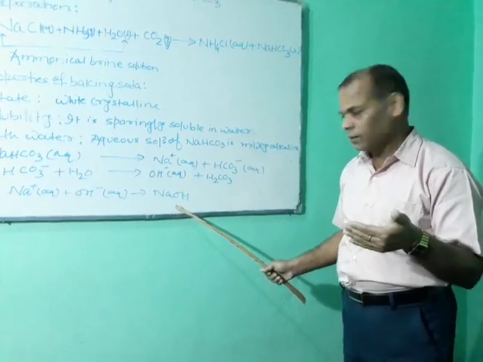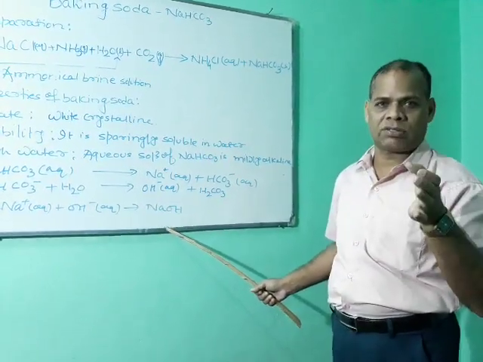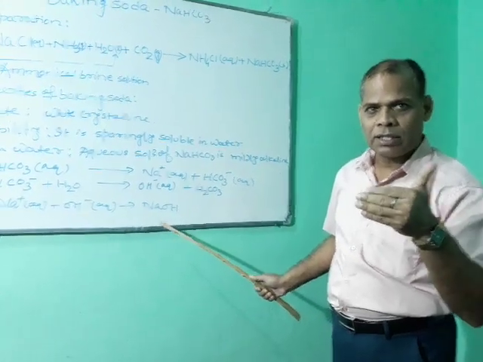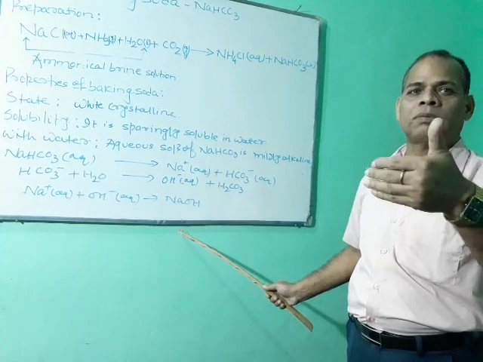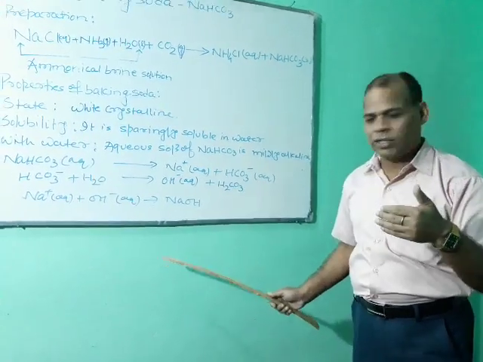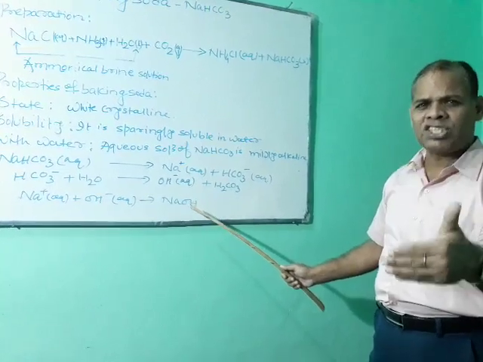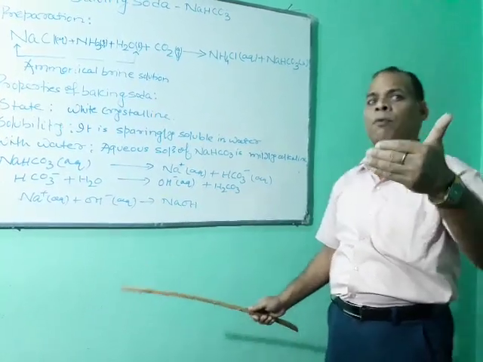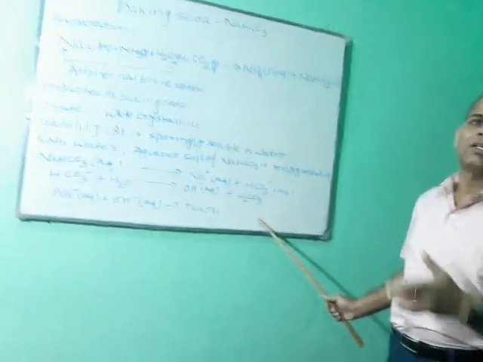On the other hand, NaOH is a strong base. It produces a large number of OH minus ions. So in the resulting mixture there will be a dominance of OH minus ions rather than H plus ions.